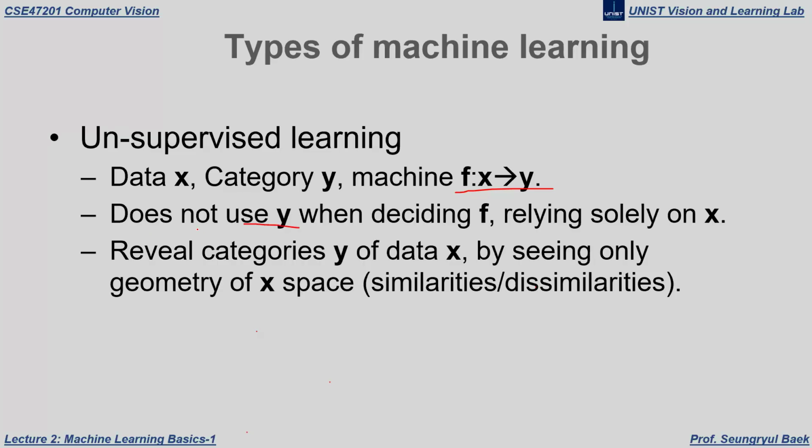That is unsupervised learning. Usually, they only see the X input similarity or dissimilarity. We call that the geometry of X. We will see an example of this later.